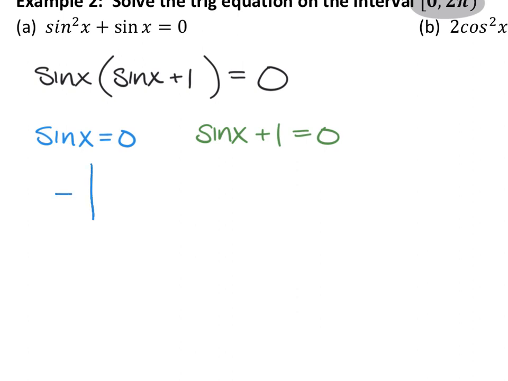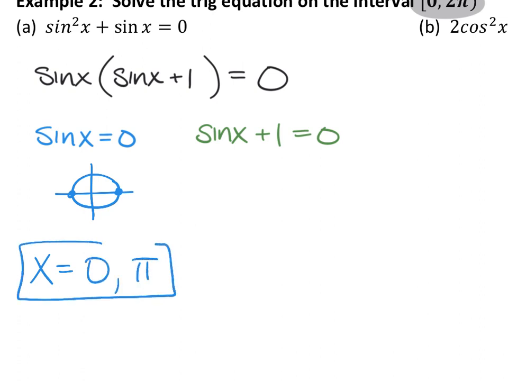Where are the places where sine of x is equal to 0 along a unit circle? 0 or pi. 0 and pi. We already answered this. So 2 of my answers here are going to be 0 and pi. But then I have to work on the second factor in the same problem. I can't ask myself any question about sine of x yet because it's not isolated, so we subtract 1 from both sides.